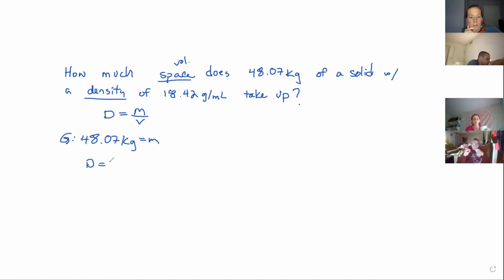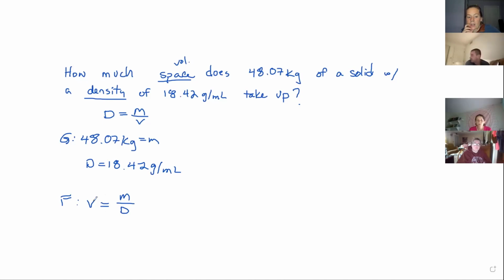The density is equal to 18.42 grams per milliliter. So I want to find volume. You should get that volume is equal to mass divided by density.